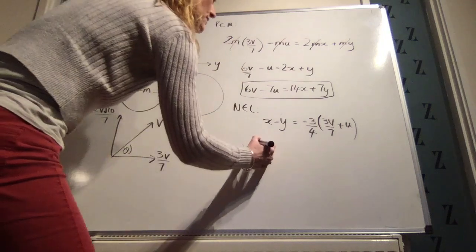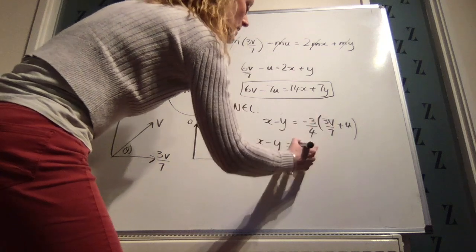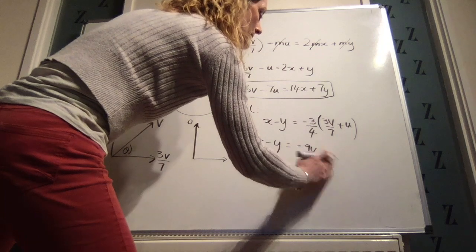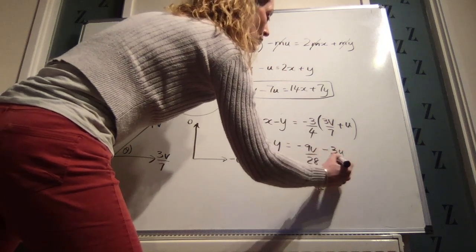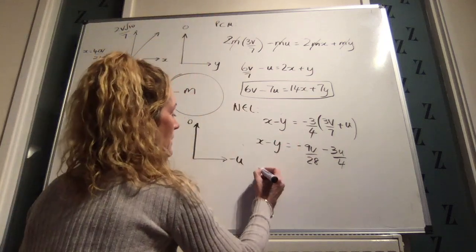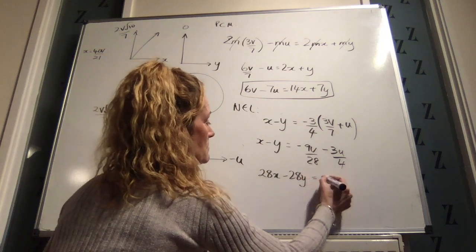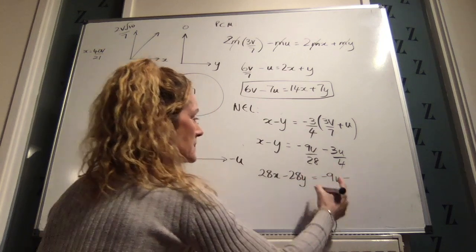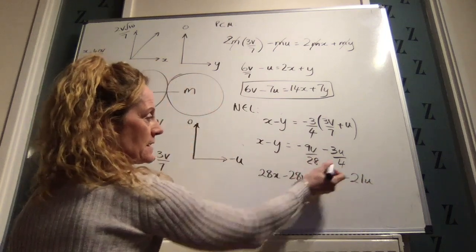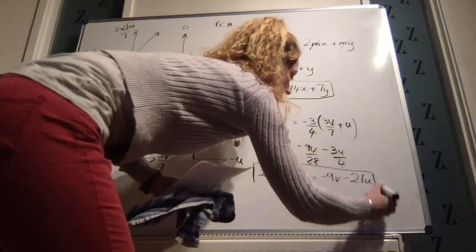That gives you x minus y is equal to minus 9v over 28 minus 3u over 4, just multiplying out the brackets. Multiply across by 28, and we get 28x minus 28y is equal to minus 9v minus 21u, because we're multiplying by 28. So 4 goes into 28 7 times. That's our second equation.